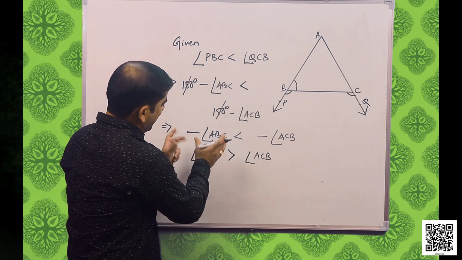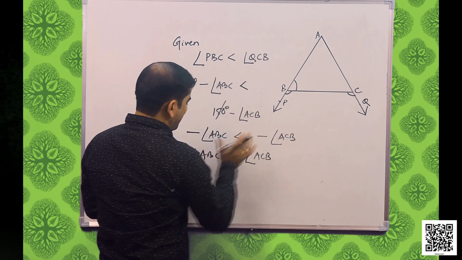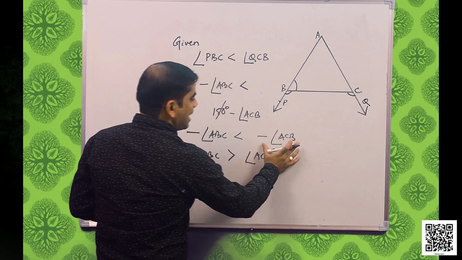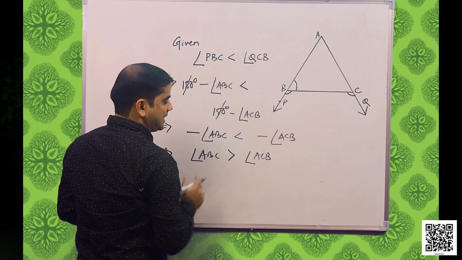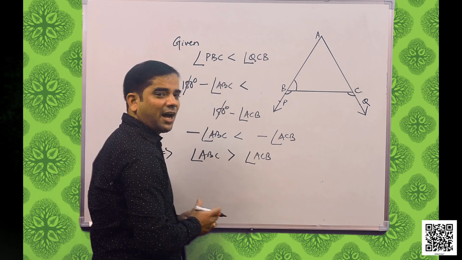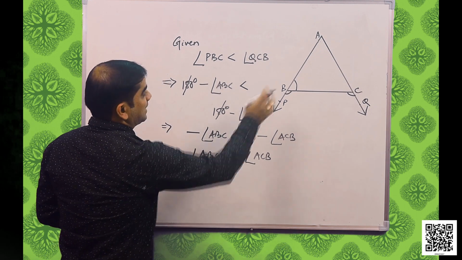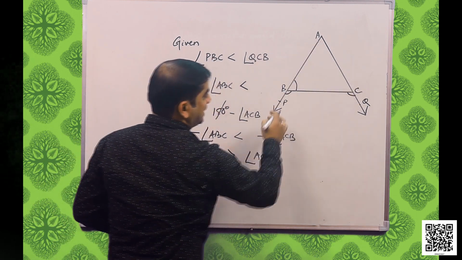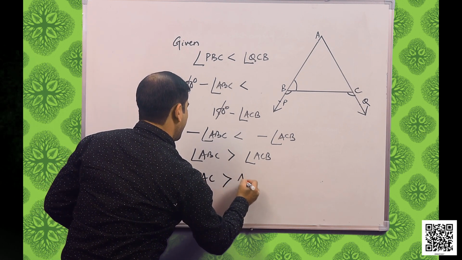Why? See, if I take this minus ABC over here, it becomes plus angle ABC, and minus angle ACB comes over here to give us angle ACB, and I have written in the proper order. Okay. So what it implies? ABC is greater than ACB. That means AC is greater than AB.